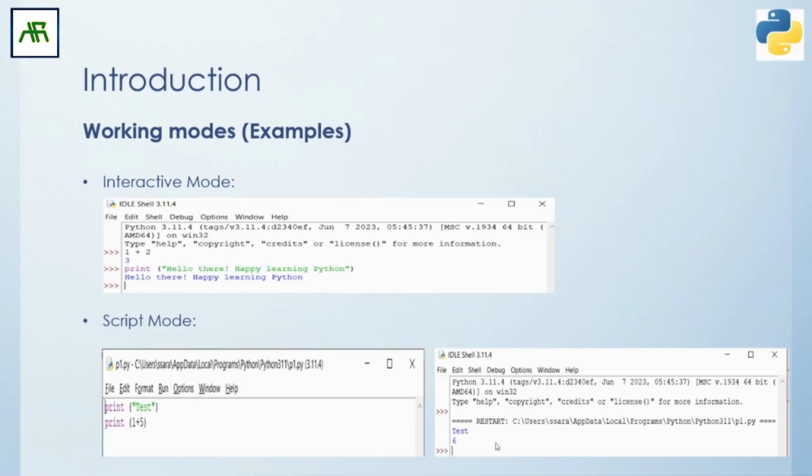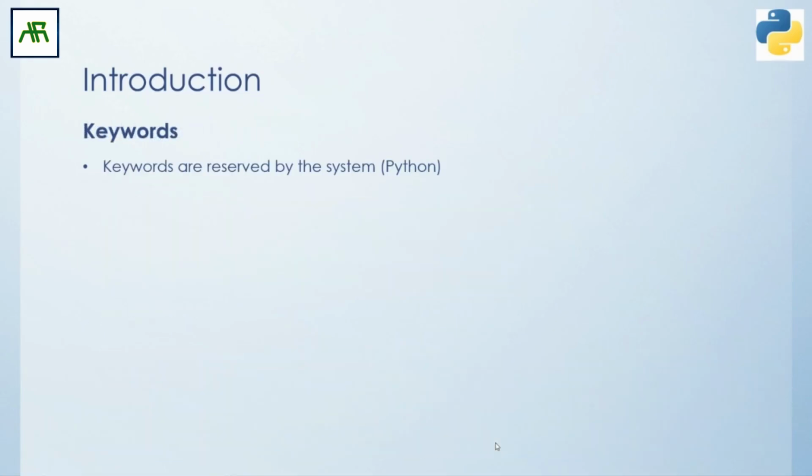Now let's take a look at the keywords. Keywords are reserved by the Python programming language, meaning we cannot use them as a variable or function or any other identifier name in our programming. These are reserved by the system, and there are around 35, maybe more coming up.